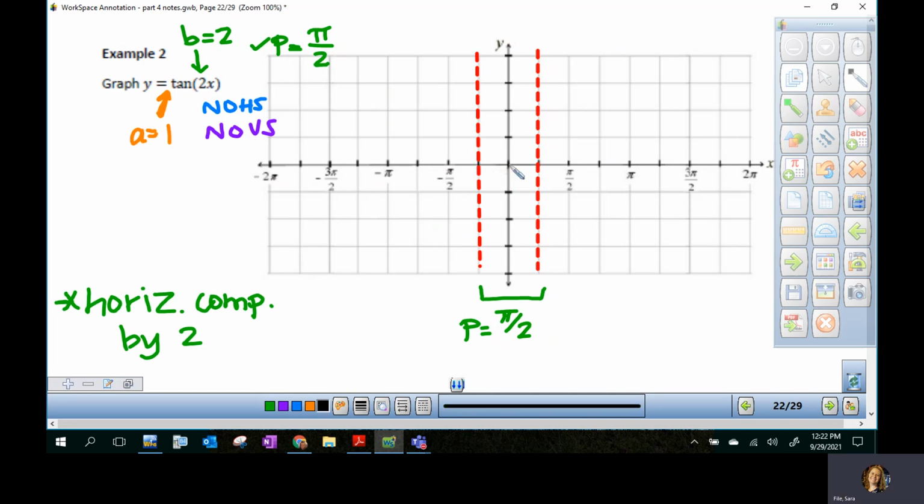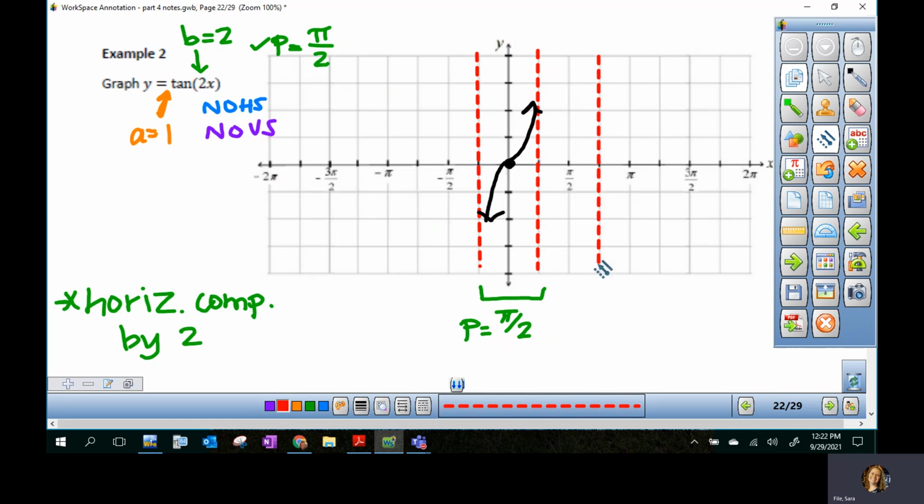Now the curve in between would go through the origin. And it's increasing left to right, this graph. Okay, and then it just keeps repeating over and over and over again.